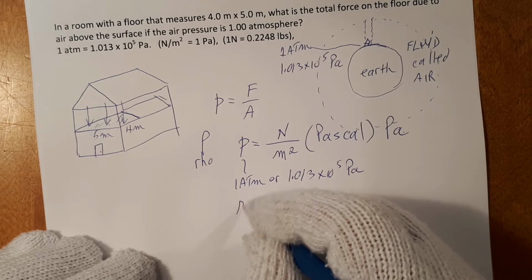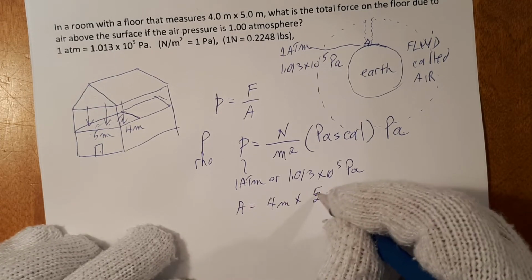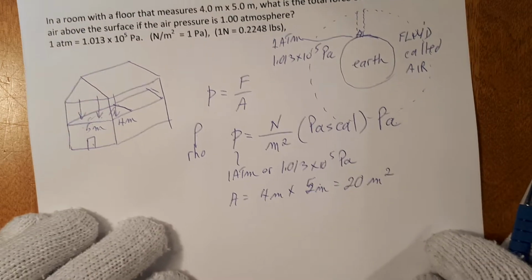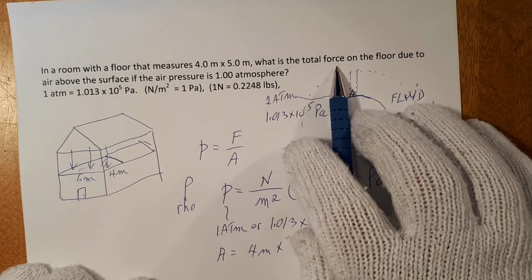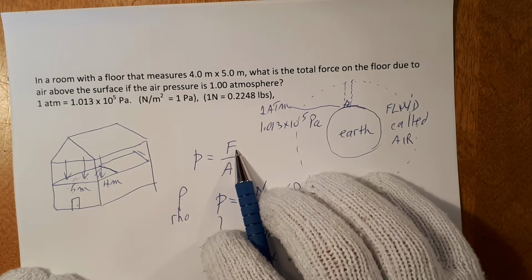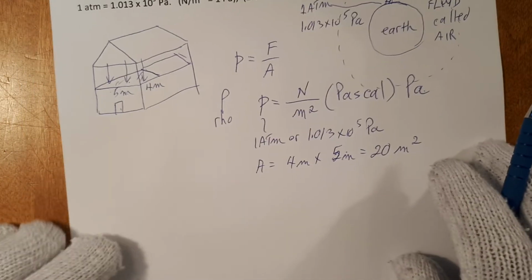So area, 4 meters by 5 meters equal to 20 square meters. And we're asked to find the total force, which is this value. So we have everything we need, just a matter of putting in the numbers.